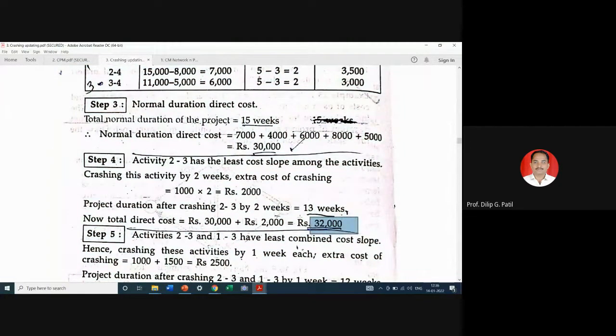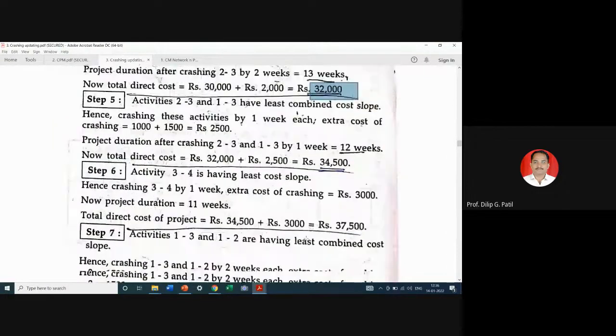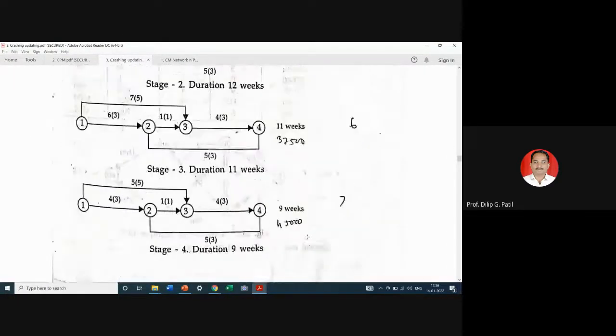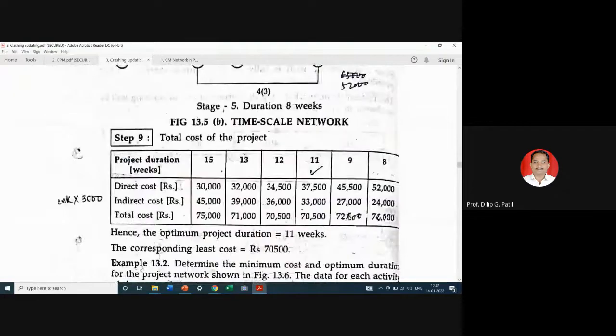And indirect cost for 13 weeks will be, see here, 13 into 3, instead of 45, it will be now 39. 39 आणि याची बेरीज येईल 71,000. लक्षात आलं? So this is the logic behind the crashing. Is there any difficulty? Be free to ask.